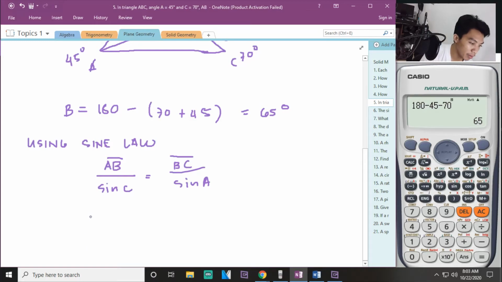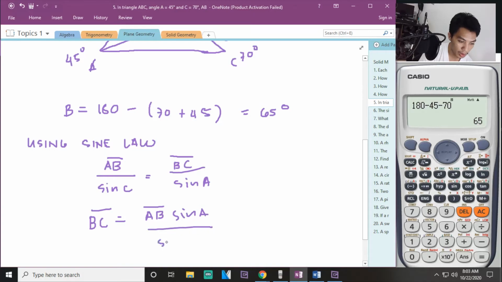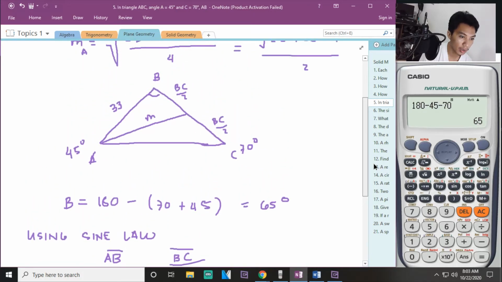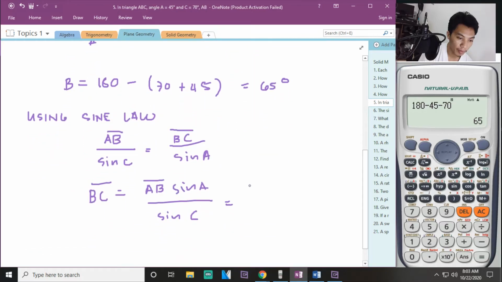So, side BC is equal to AB sine A over sine C. Check na natin. Anong length? That is 33.